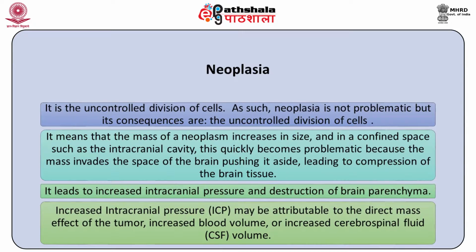It leads to increased intracranial pressure and destruction of brain parenchyma. Increased intracranial pressure (ICP) may be attributable to the direct mass effect of the tumor, increased blood volume or increased cerebrospinal fluid (CSF) volume. It may in turn have secondary symptoms.